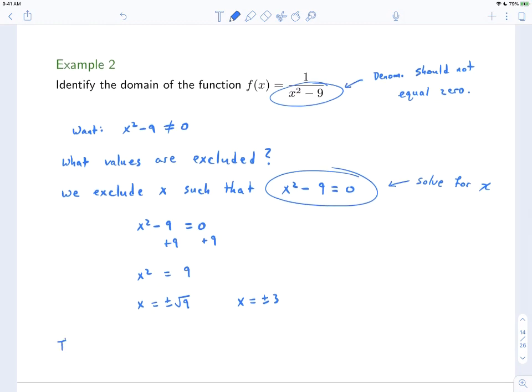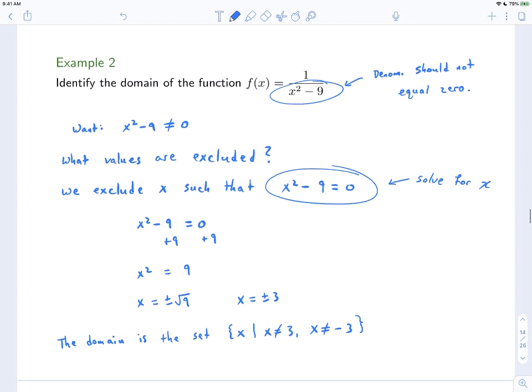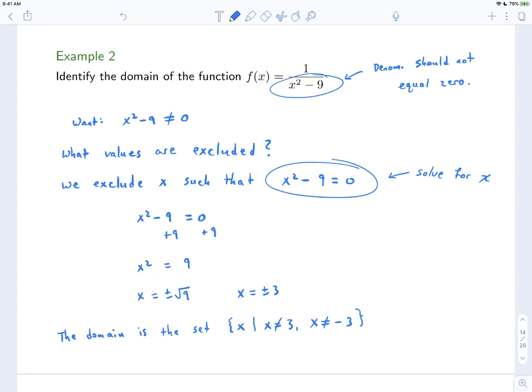So the domain is the set of x such that x is not equal to 3 and x is not equal to negative 3. We can write this in interval notation, but it's not actually an interval. It's a few intervals.